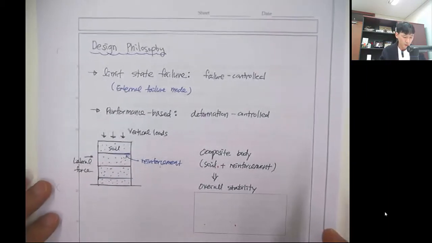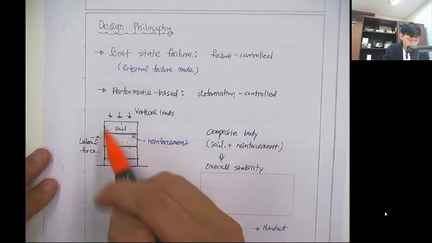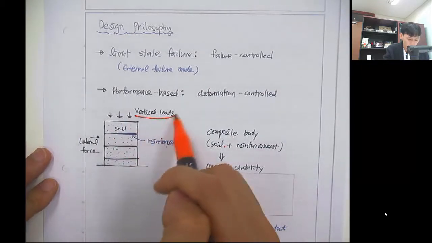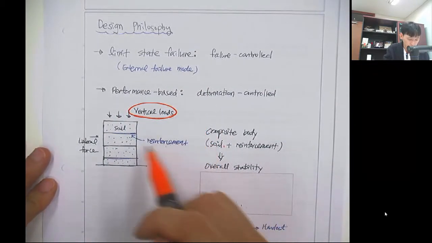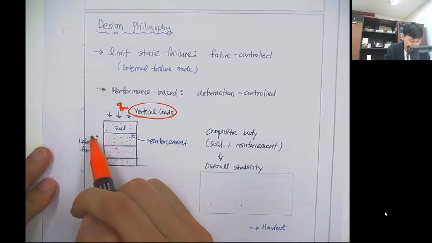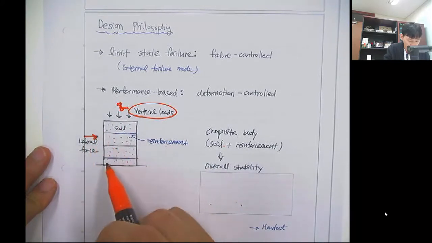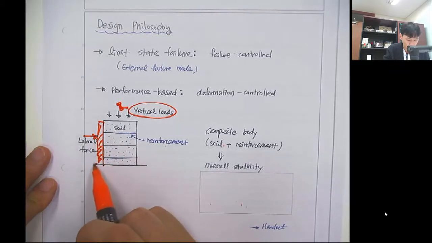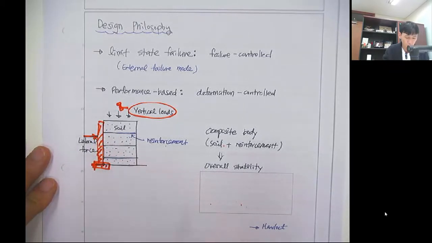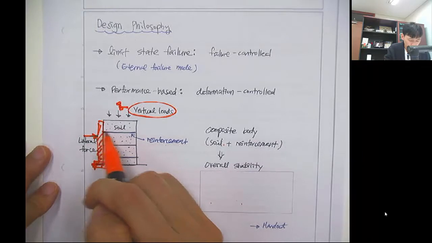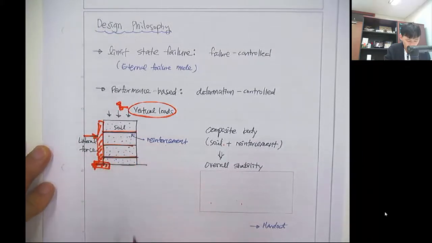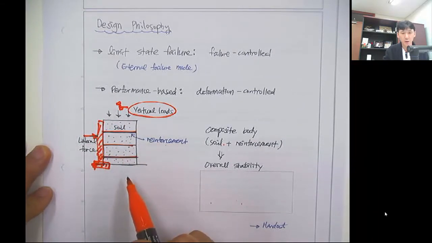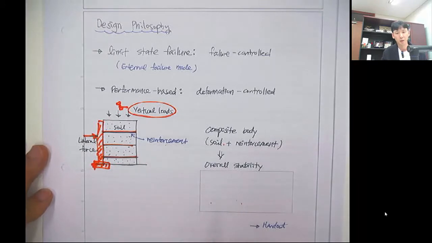Right? So let's say that we have a soil and there's a vertical load from the upper structure, Q, and there's a lateral force by the retaining wall, and this is the reinforcement. Then this reinforced soil is considered a composite body.